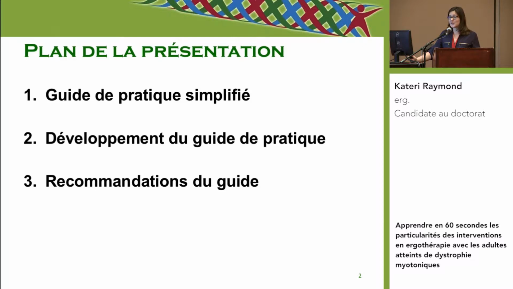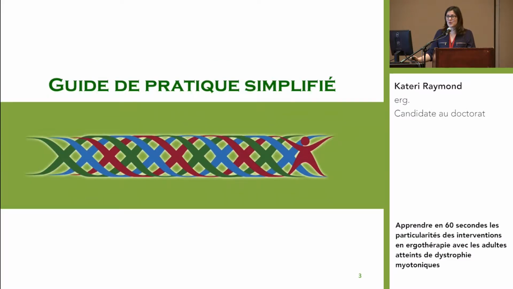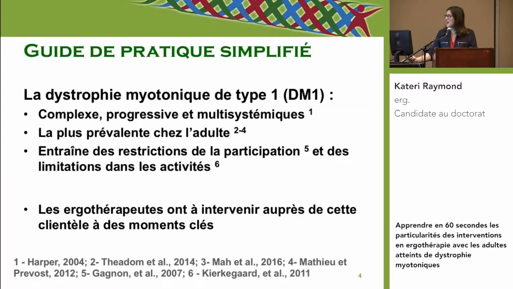And how did we develop such a guide of practice in occupational therapy, which is simplified and easy to understand? And I'll also talk about the recommendations of the guide, so you'll see what kind of recommendations were put forth. And if you appreciate, maybe you'll be able to go read this guide, which is free online on the internet at various locations.